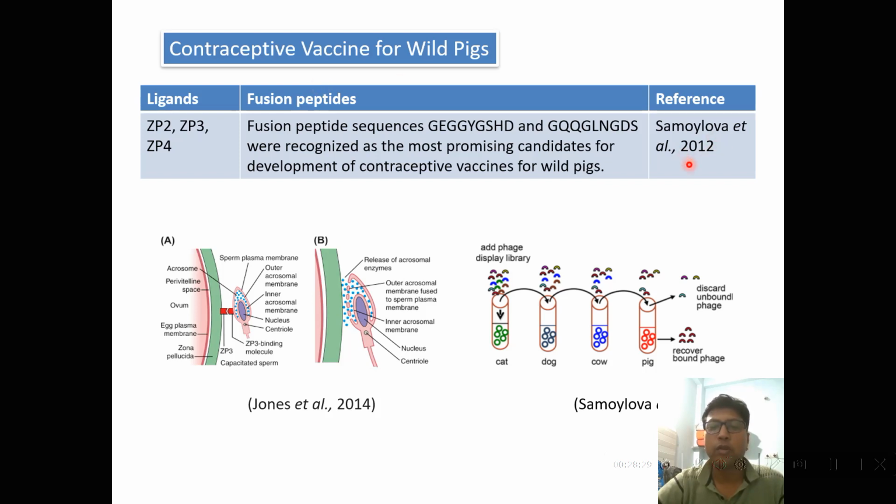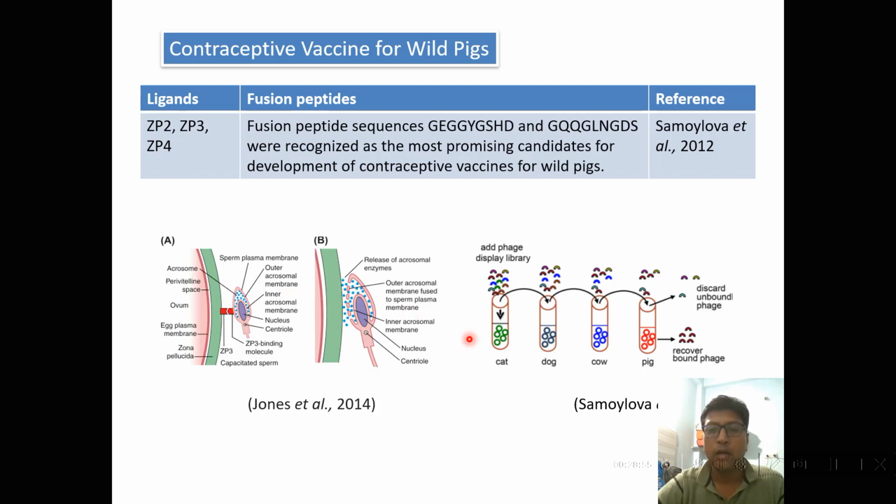This is a good example of contraceptive vaccine development with the help of phage display technology. Samoilova et al. in 2012 reported that the anti-zona pellucida ligand, which is responsible for binding to the zona pellucida 3 receptor in the case of wild pig, acts as a contraceptive vaccine because it is anti-spermatic in nature.